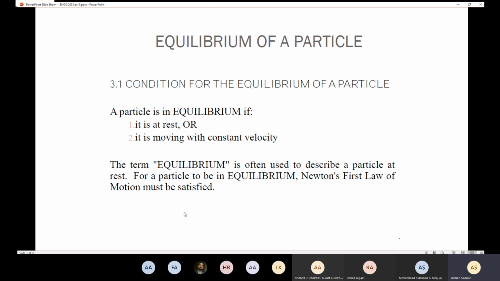So if the particle is in equilibrium, I'm going to use Newton's first law. We have equilibrium, that means the particle is at rest, and if it's at rest, that means I can apply Newton's first law.